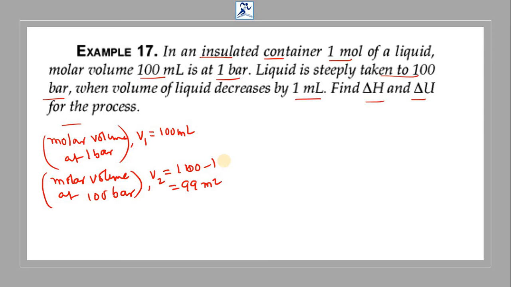Since we have a change in the volumes, that is delta V, it will become 99 minus 100. It is an irreversible process. So it is minus 1 ml.